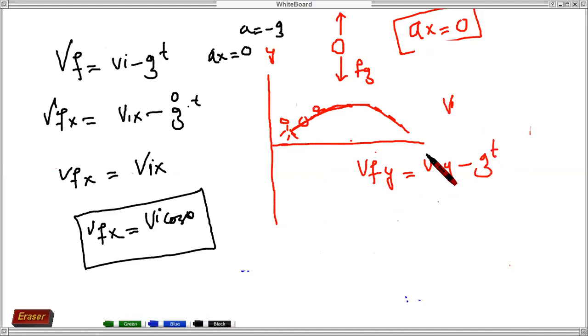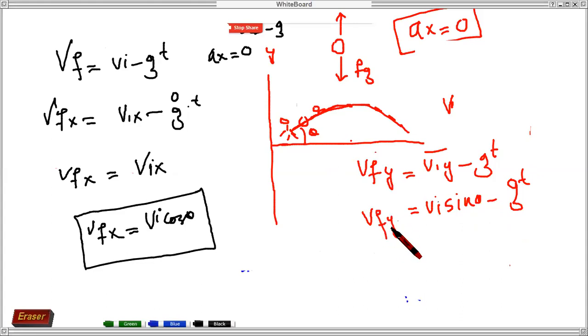We know the vertical component is Vi times sine of theta, where the angle is the starting, initial angle. And we have minus gt. So this is the equation for Vfy.